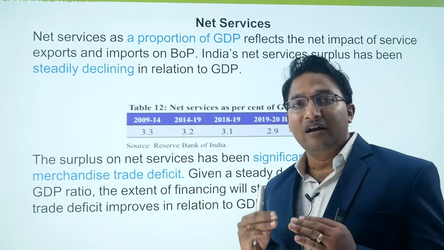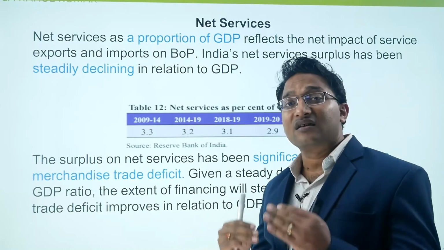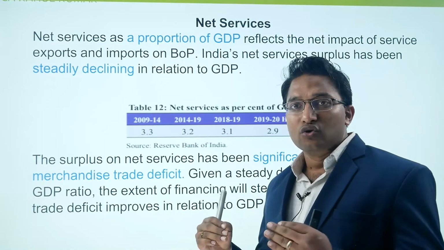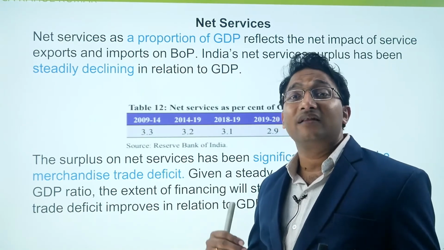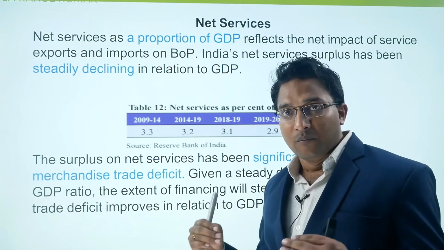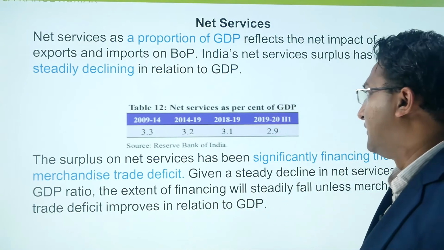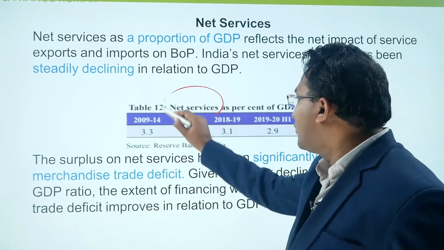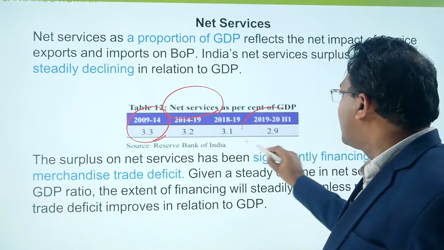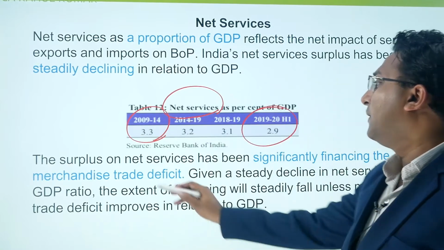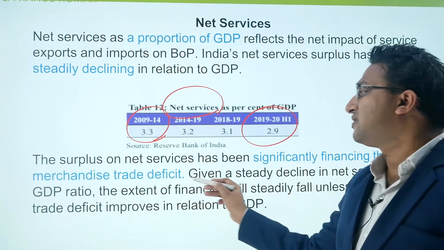So normally in India there is a merchandise trade deficit and service trade surplus. So merchandise trade deficit is offset or compensated by the surplus in the service sector. But now because service sector is declining, this is a major cause of concern. So net services as a percentage of GDP in 2014 this was 3.3%, and now this is below 3%. The surplus on net services has been significantly financing the merchandise trade deficit.